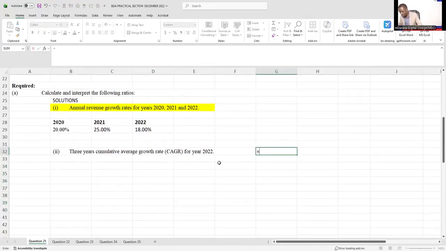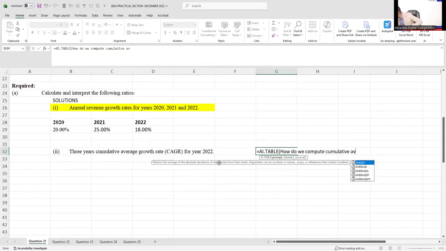So in this case, we do it again. AI, how do we compute cumulative average growth rate? How do you compute cumulative average growth rate?